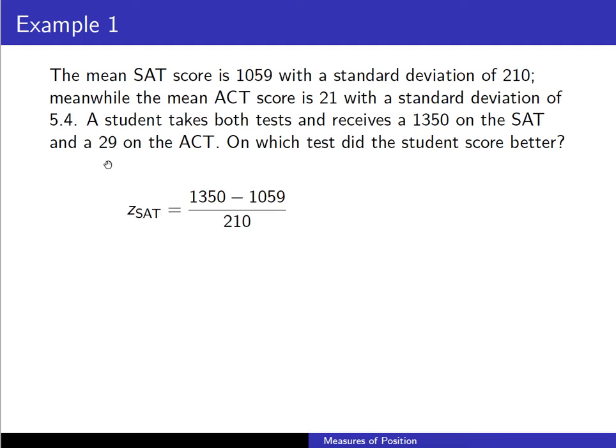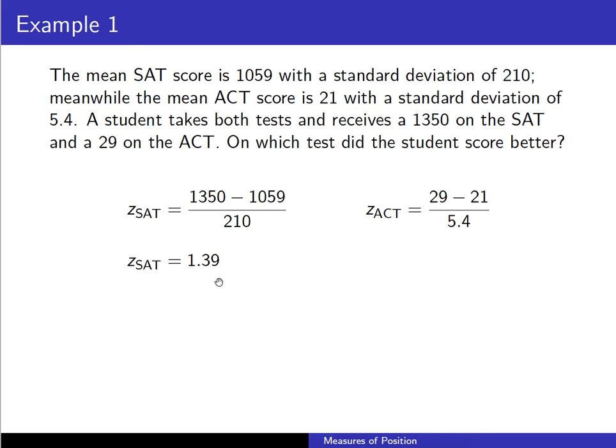and compare the two. So the z-score for the SAT is their score of 1350 minus the mean of 1050, divided by the standard deviation for the SAT, which is 210. When you calculate this, you get 1.39. So this student scored about 1.39 standard deviations above the mean on the SAT. So, not bad.